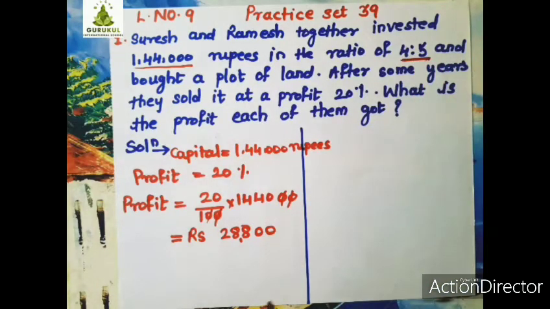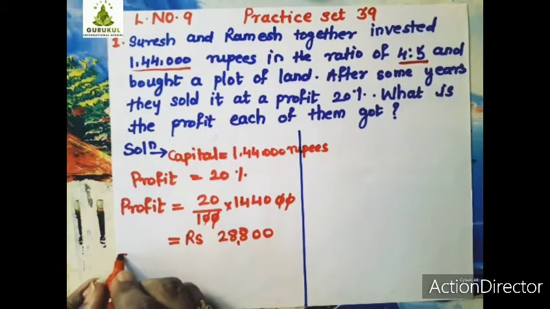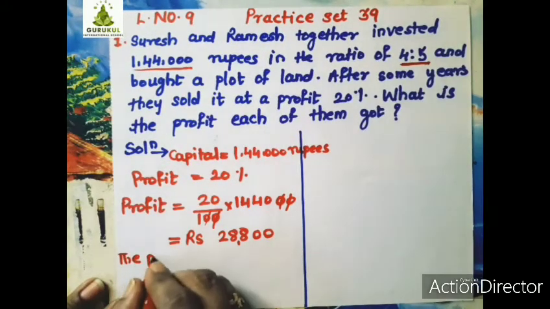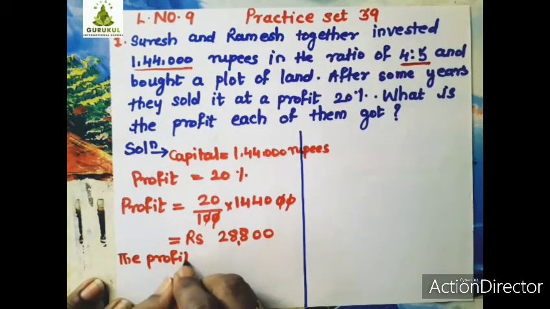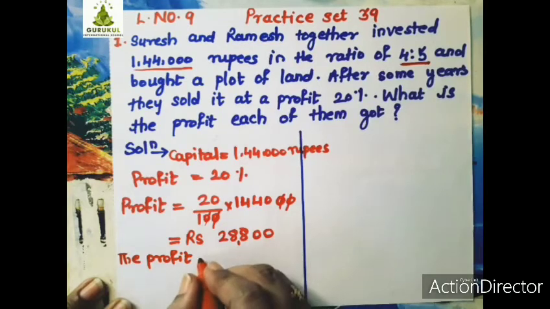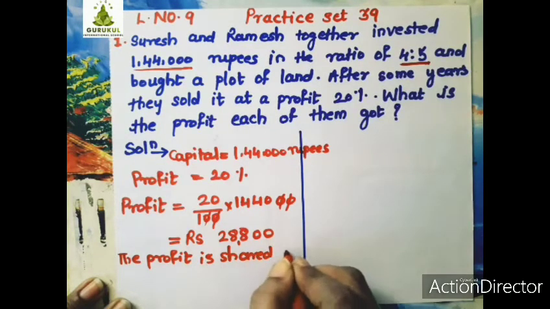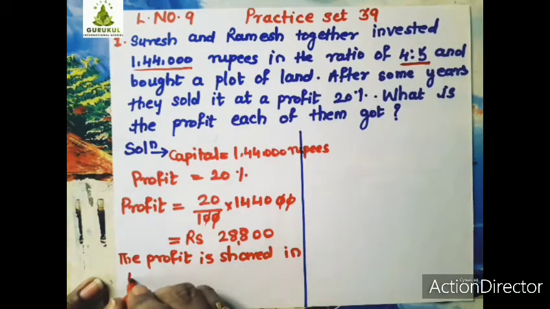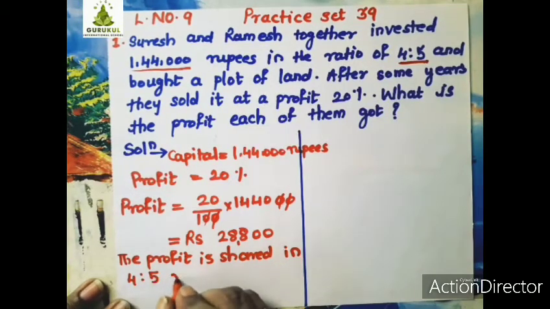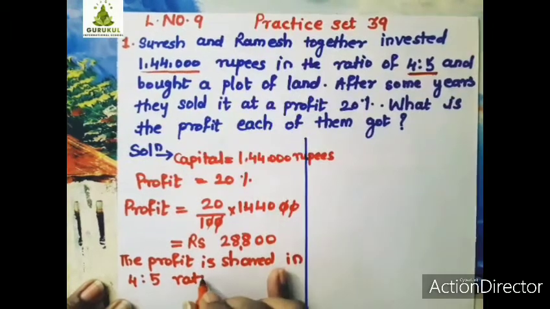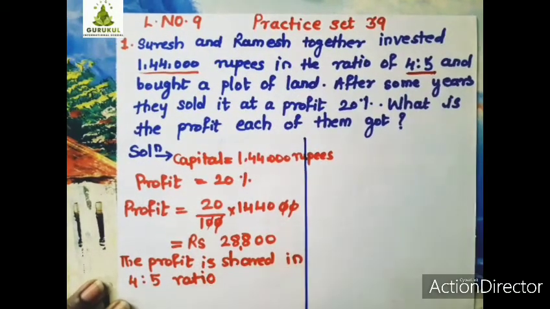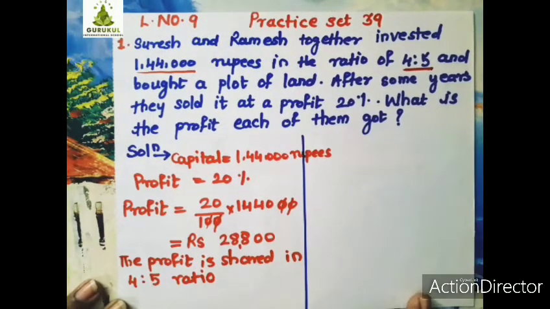4:5. Correct? So we'll write here the profit is shared in ratio 4:5. Okay, now ratio is 4:5, but amount we don't know. So what we will do?